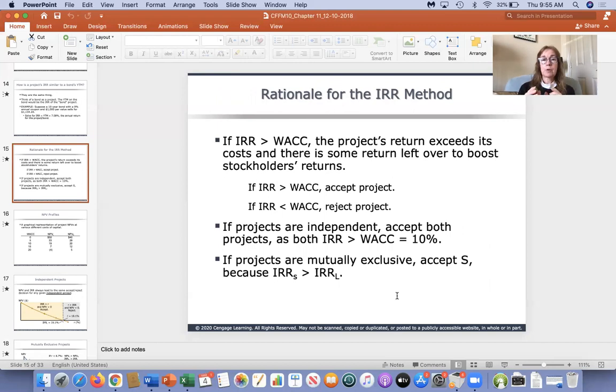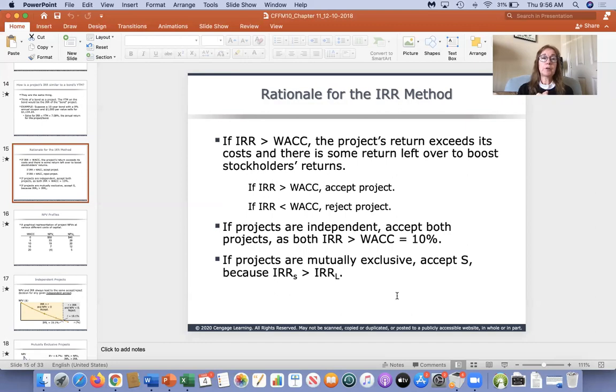If you're trying to decide between two mutually exclusive projects, the IRR will tell you to pick one, but when you calculate the NPV, it is higher for the other one. There are two reasons that this can happen.